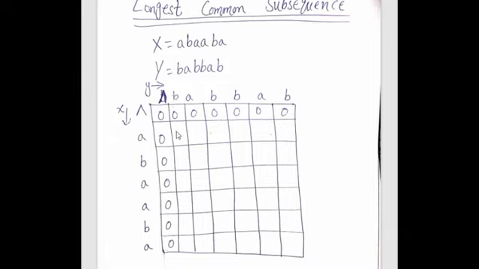This one will be the diagonal value for this box. If it is dissimilar, you have to go one row back or one column back and take the maximum of that. This is how we can solve the complete table like this.